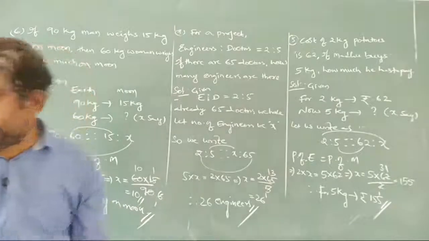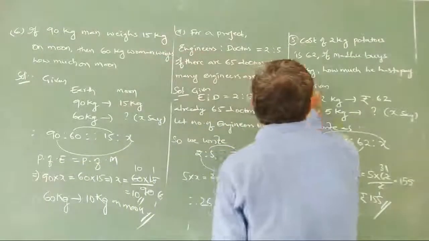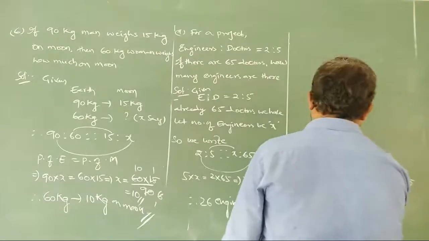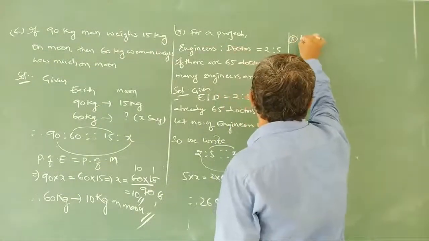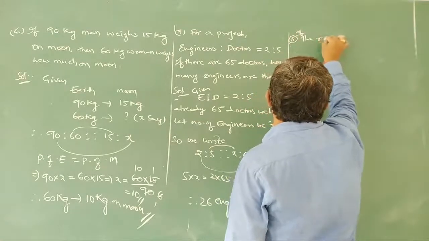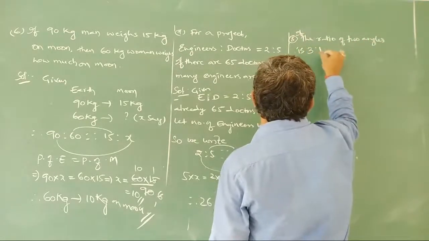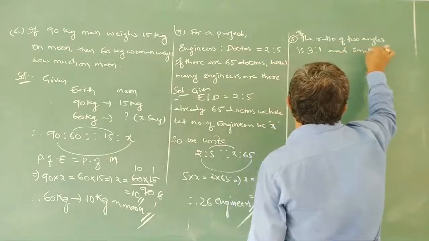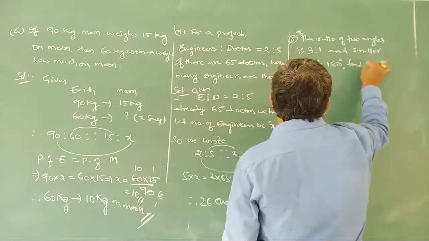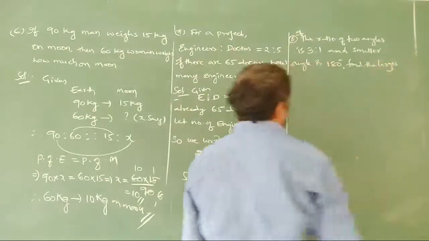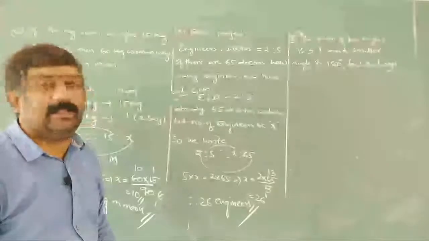Okay, one more problem, the last problem we'll take here. The ratio of two angles is 3:1, and between these two, the smaller angle is 180 degrees; find the larger value.